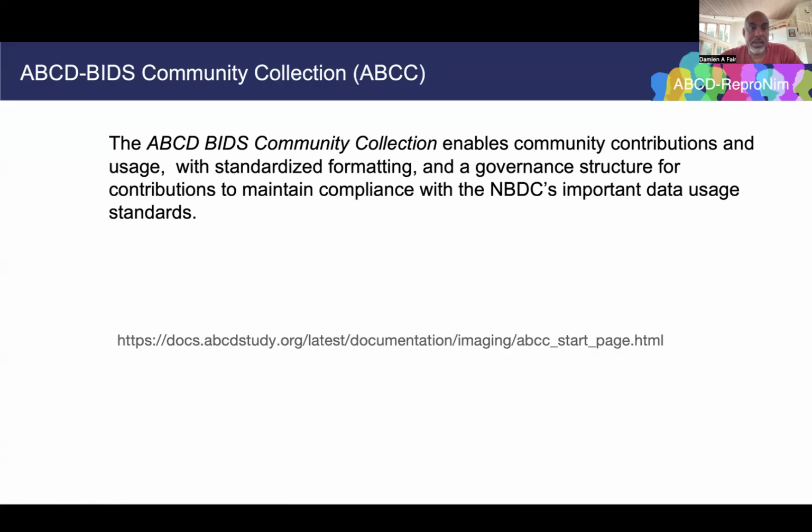It's important that the collection enables community contributions and usage. It's got standardized formatting and a governance structure for contributions to maintain compliance with the NBDC's important data usage standards, which is important for folks to follow and read closely.